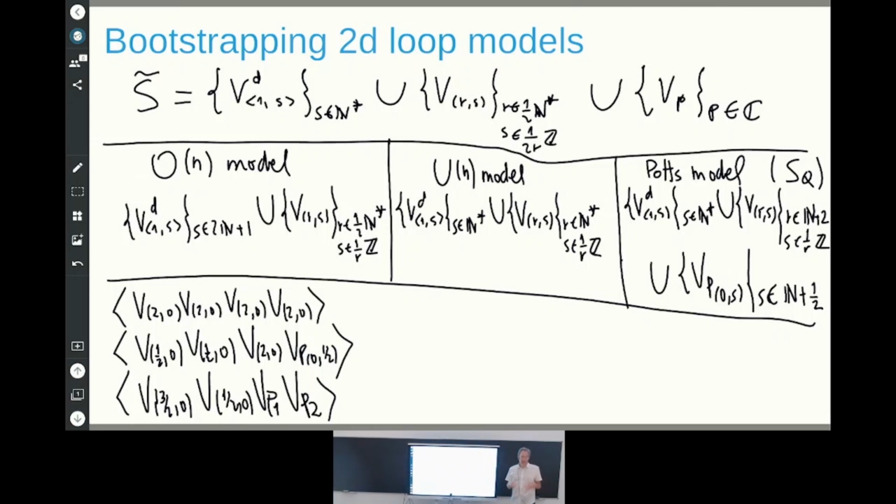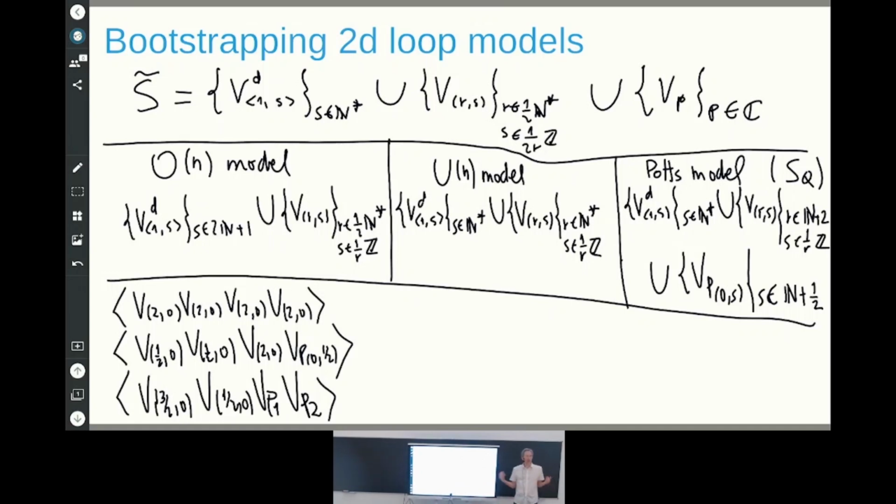Now, if you take a particular statistical model, you won't find all these fields in your model. Typically, we'll find a subset. And here, I've written this subset in the case of 3 particular models, starting with the ON loop model. So in the ON model, you have only part of the degenerate fields. You have basically all possible non-diagonal fields, and that's it.